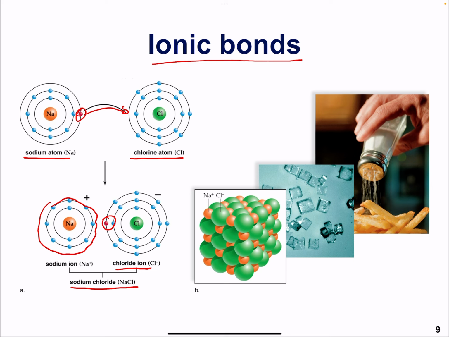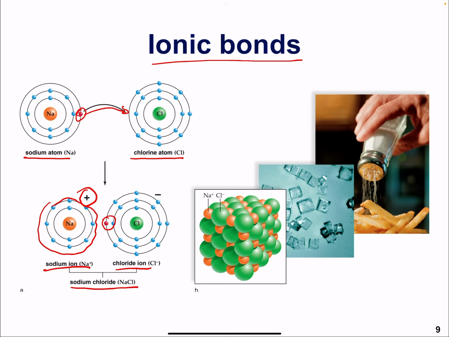Because sodium has given away its electron, overall the chemical now is going to be charged positively. Now we have more protons than electrons in sodium. So now we don't call it sodium atom anymore. We call it sodium ion because it is charged.